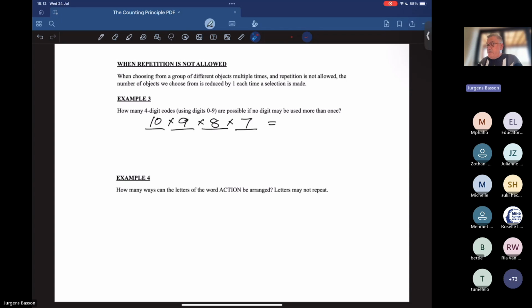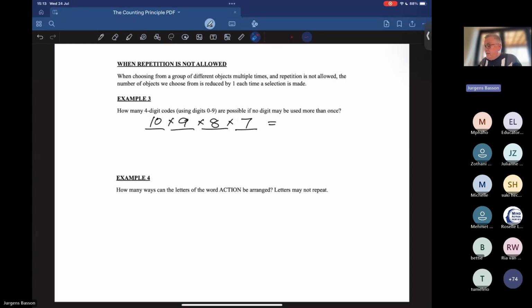This one is where I took a word, and this word is ACTION. And if you look at previous exam papers, you will notice that it's a very common way of testing the counting principle in the matric finals. They quite like to give a word. Now, my word ACTION has 1, 2, 3, 4, 5, 6 letters.